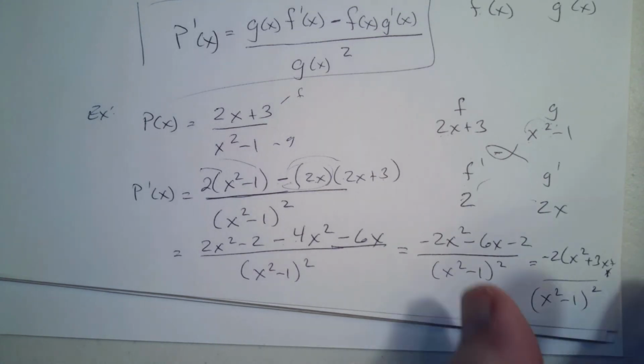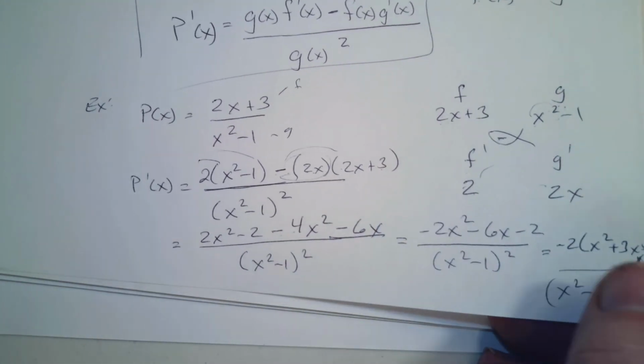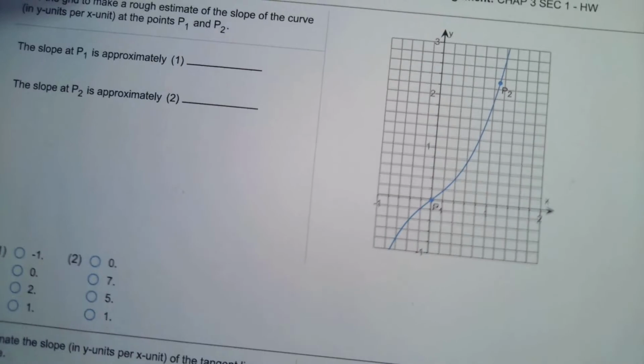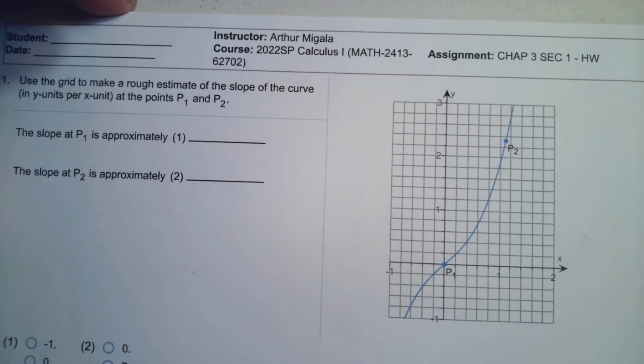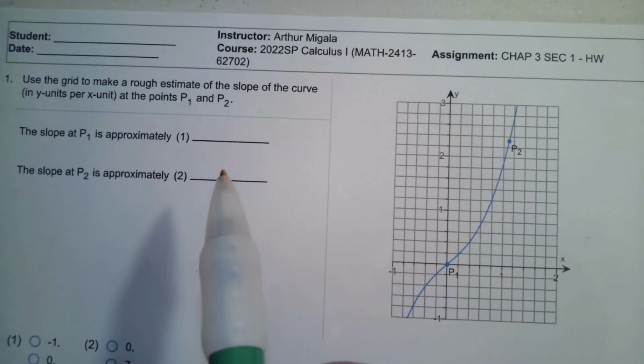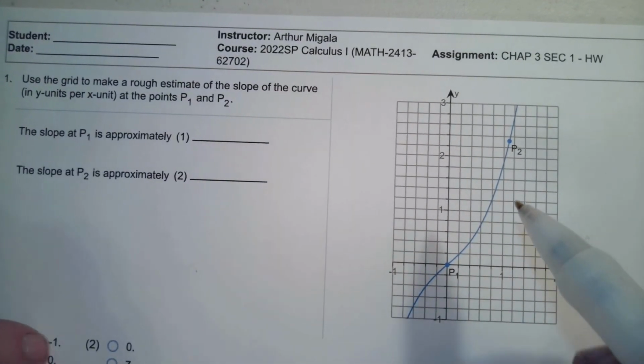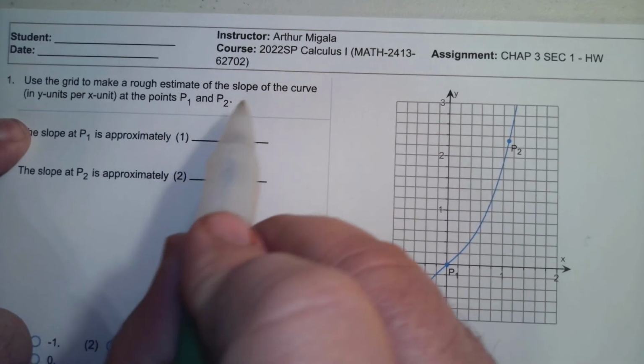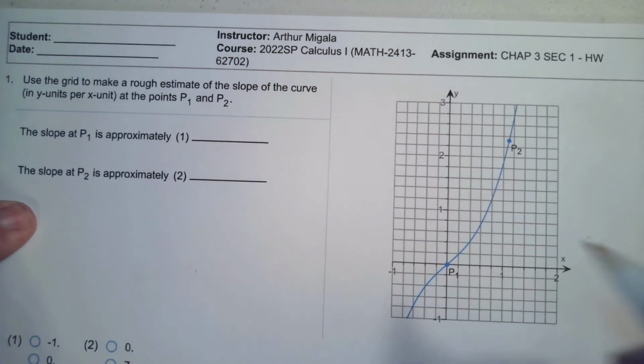Alright, so let's look at the homework assignments. Chapter 3, Section 1, homework. Here it says, use the grid, make a rough estimate of the slope of these curves here.